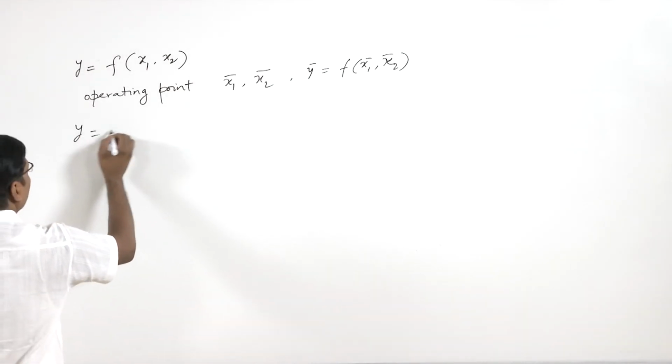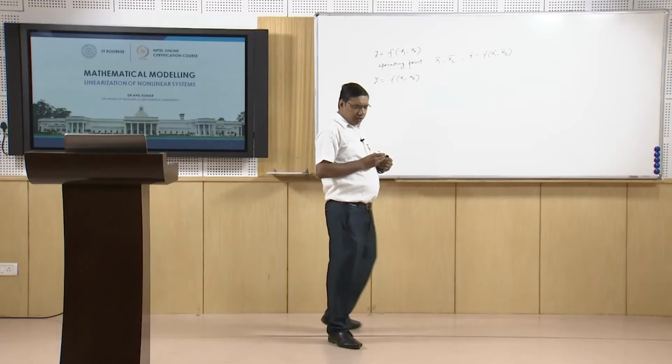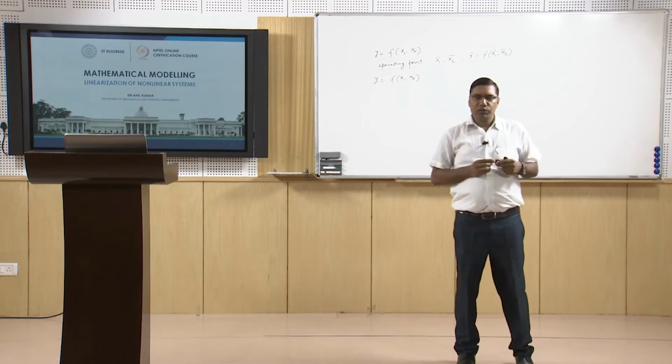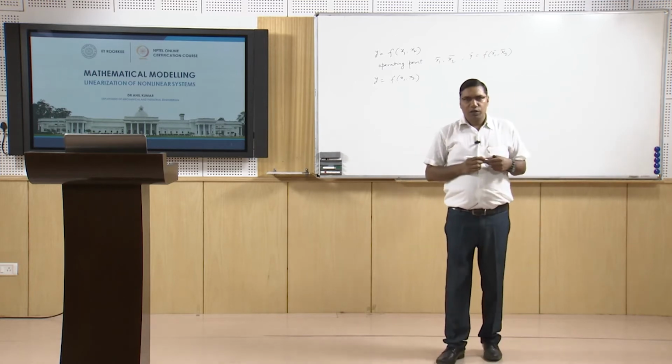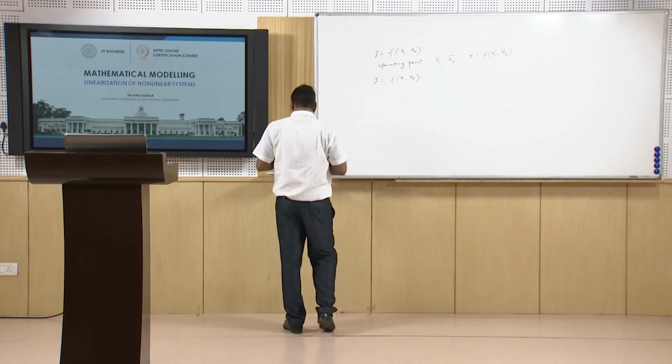So, y equals f(x1, x2). Now, here are two inputs. We have to use the partial derivatives because there are two parameters x1 and x2.